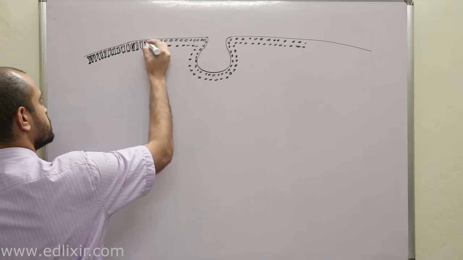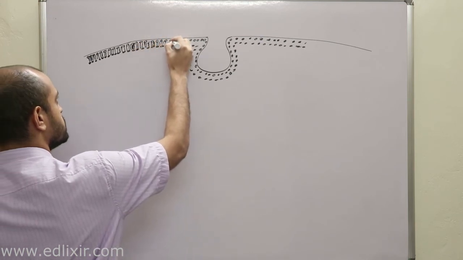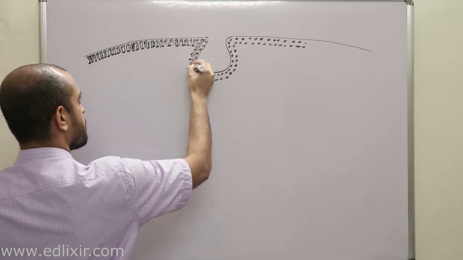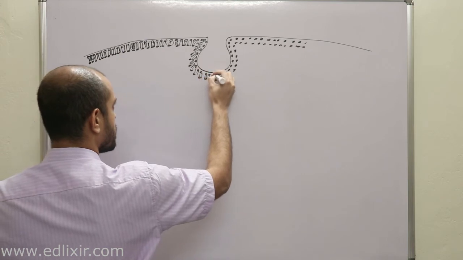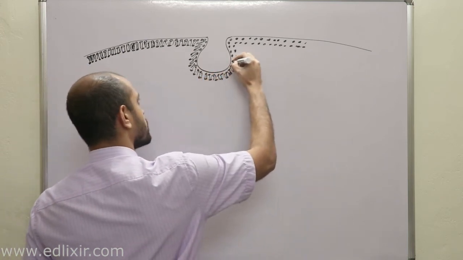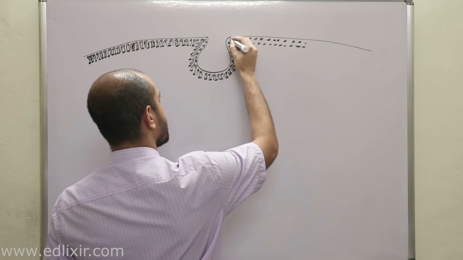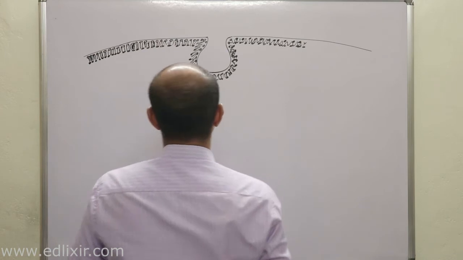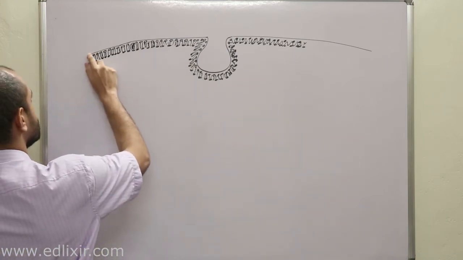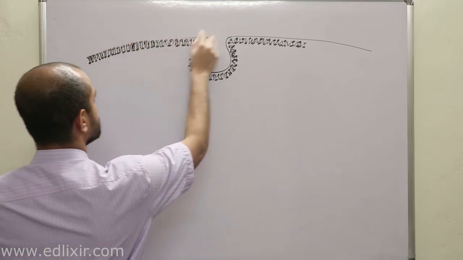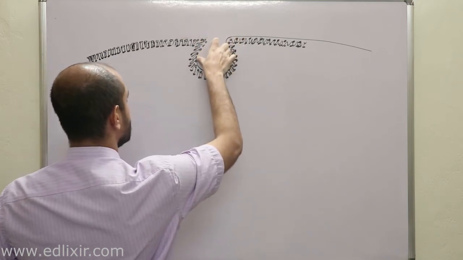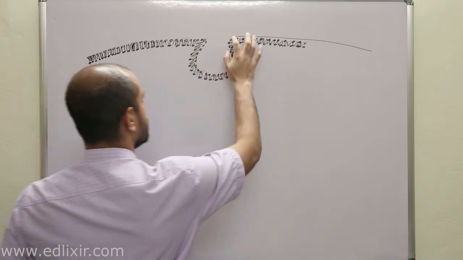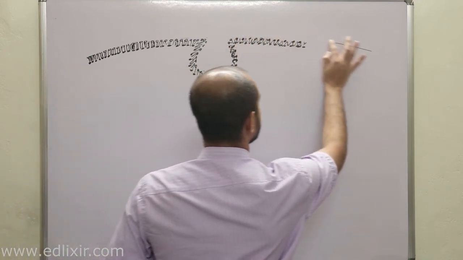I am drawing in a haphazard manner because we need to save the time as well, right? So this is suppose your cell membrane or sarcolemma. So this is your sarcolemma.